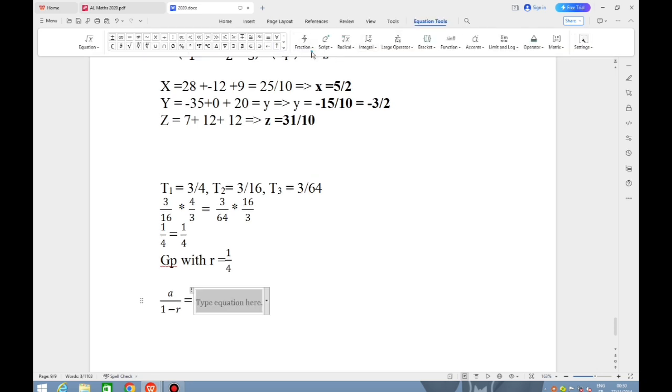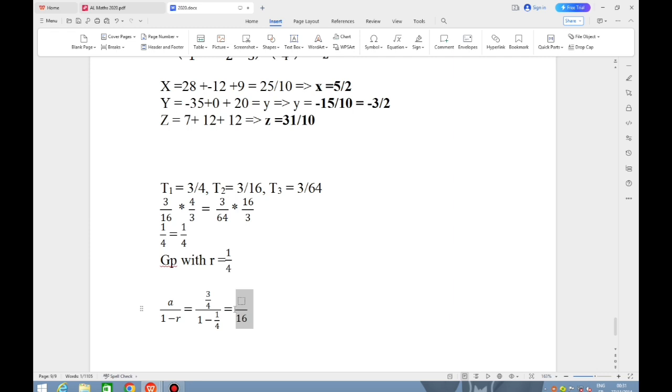So 3 on 4 over 1 minus r, where r is 1 on 4, so 1 minus 1 on 4 is 3 on 4. 3 on 4 divided by 3 on 4 is 1.